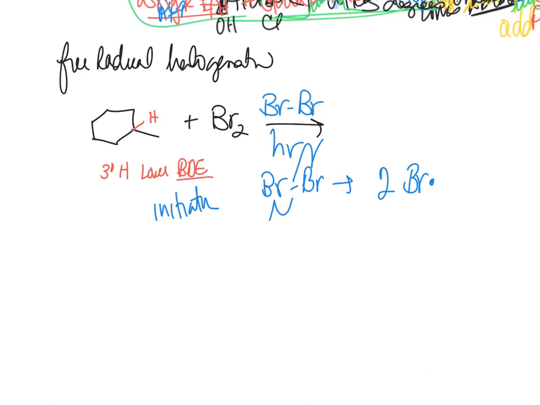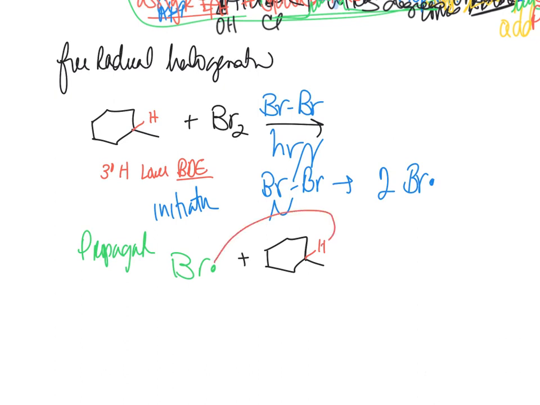Now, the propagation step, you have to have your bromine radical, and you should always have a radical plus a neutral molecule. And that is going to go and take that. Notice I have fishhook arrows here, okay, because we're dealing with 1 electron movement.